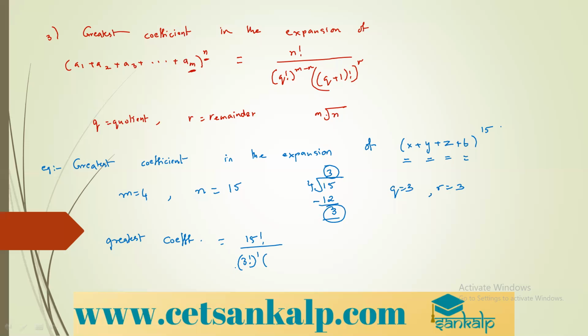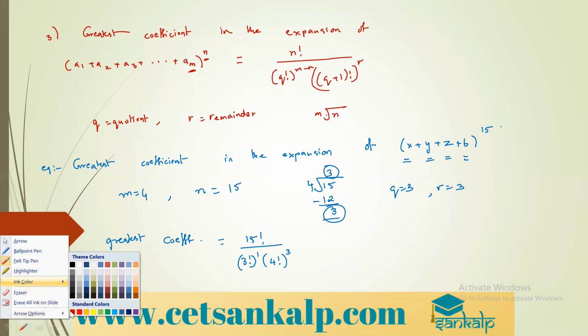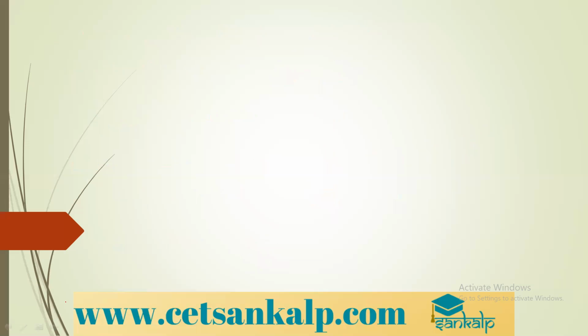Then q is 3. 3 plus 1 is 4 factorial, power r is 3. So this is how I have the formula, the greatest coefficient. These all you have to apply while doing problems.